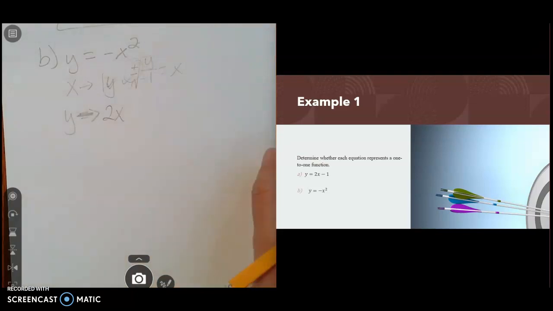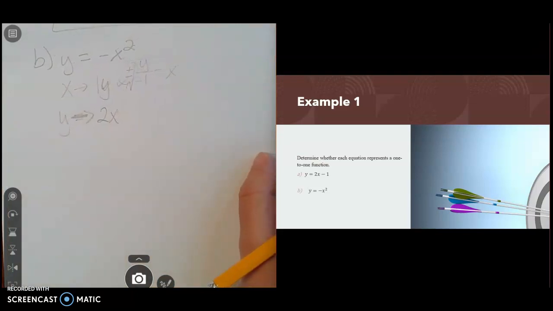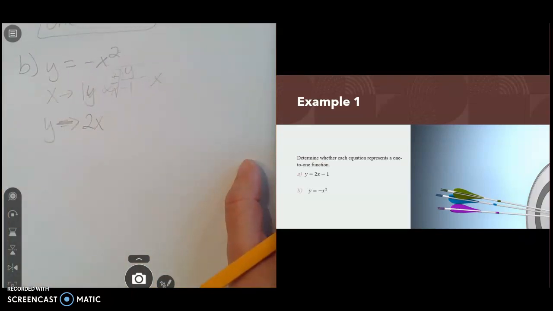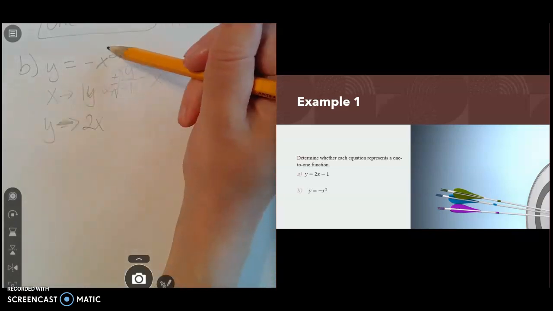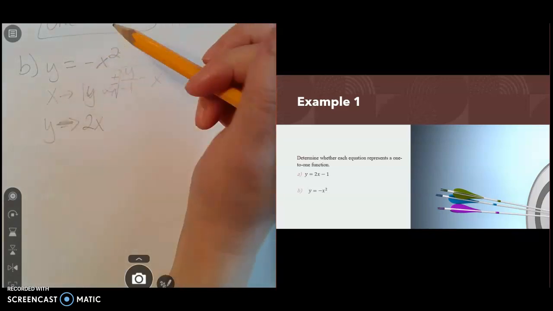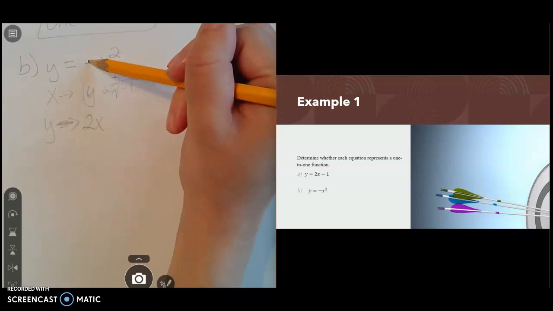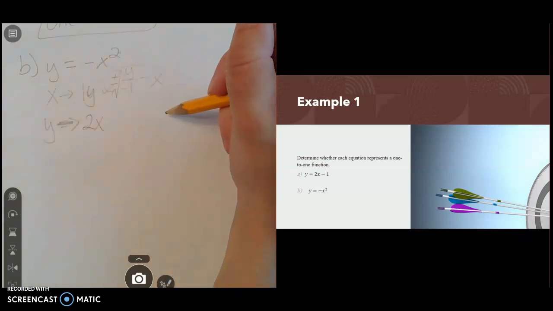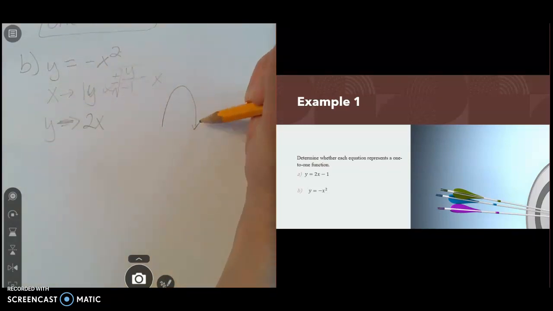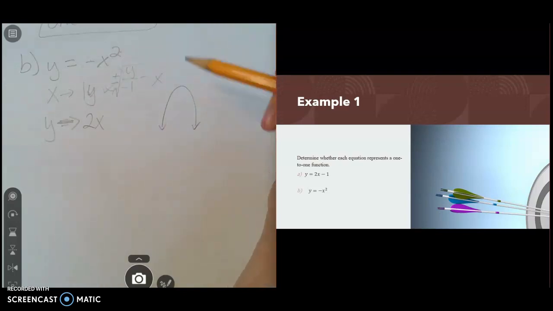Visually, you might know what these look like because we just finished graphing quadratics not that long ago. This is a quadratic equation. It has a negative coefficient, so it's going to be a parabola that's going downward. So the vertical line test is going to pass just fine. Every vertical line just goes through one point.